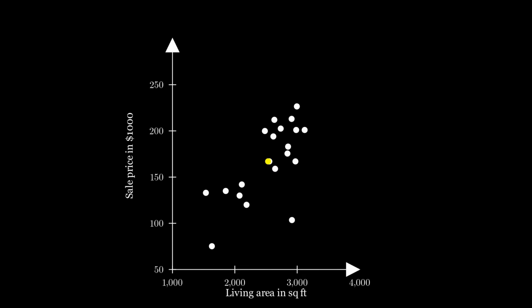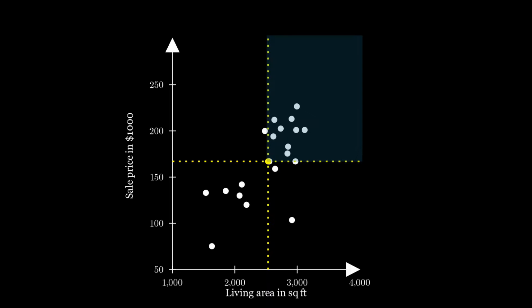So the question is, do homes with larger than average living area tend to sell for higher than average prices? That is actually the case in this example. With the exception of a few homes, dots to the right of the dashed vertical yellow line have above average sale prices, above the dashed horizontal yellow line.